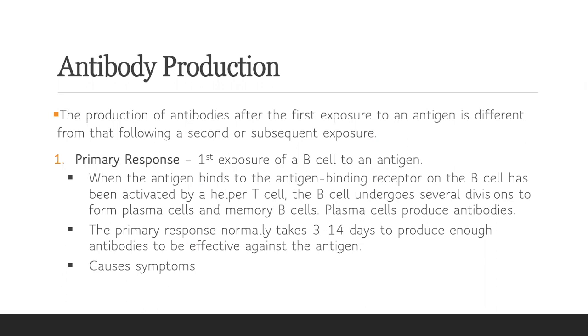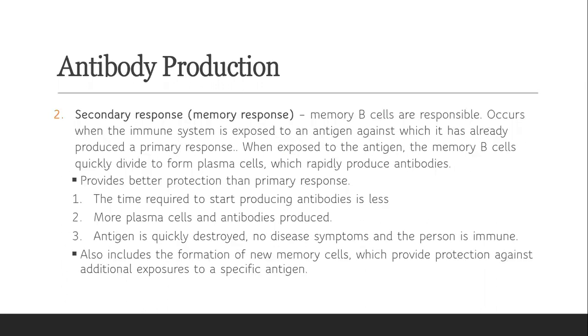So the primary response causes symptoms, while our secondary response, or memory response, is carried out by the memory B cells. It occurs when the immune system is exposed to an antigen against which it has already produced a primary response. So it provides better protection than the primary response, and the time required to start producing antibodies is less.